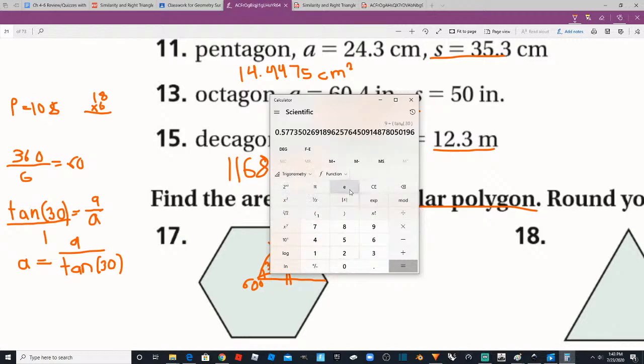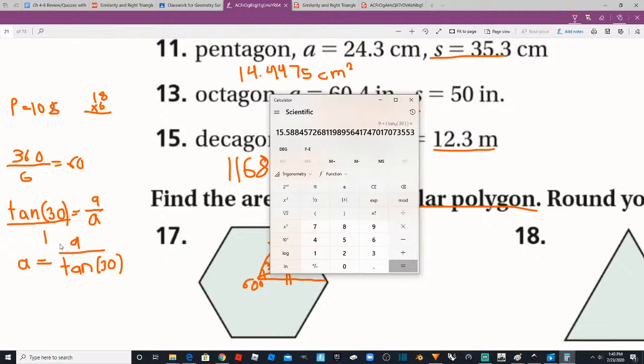Okay, my calculator is a bit different, so it's going to put this big number, but I haven't pressed equal yet. That's because this is tan of 30. It's very weird. That's how my calculator works. So 9 divided by this is equal to 15.58 something, okay? And we're not going to touch that.